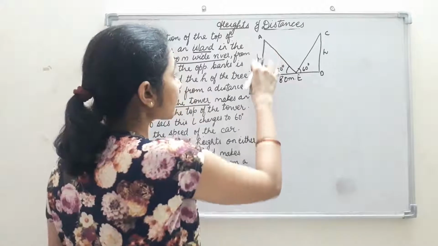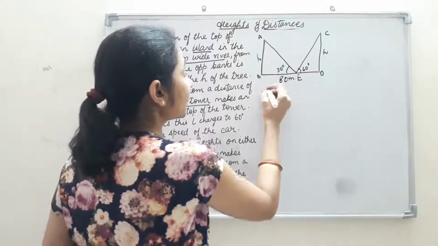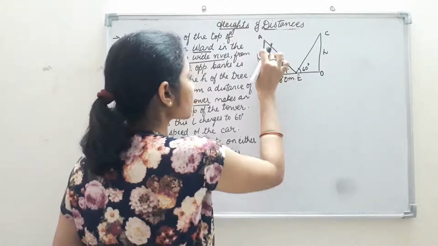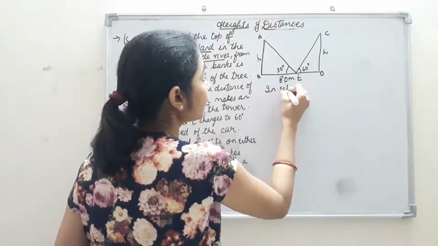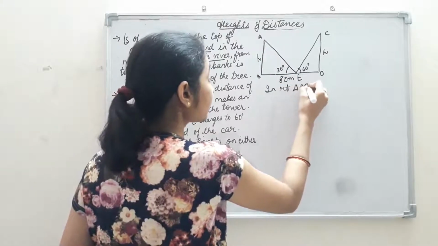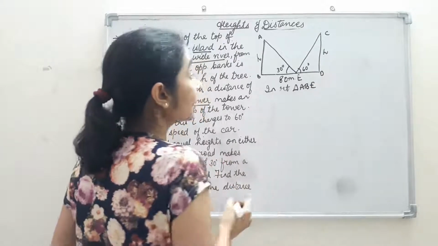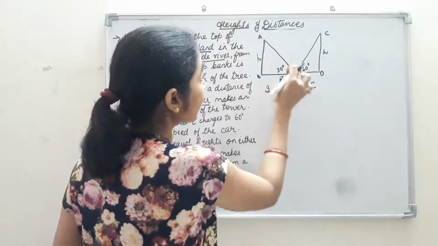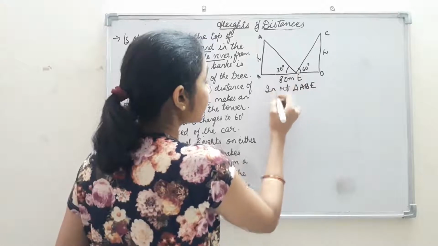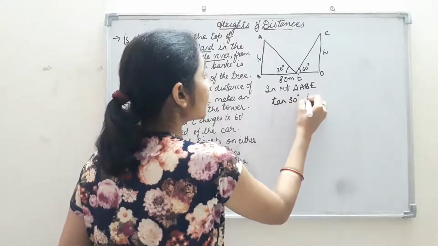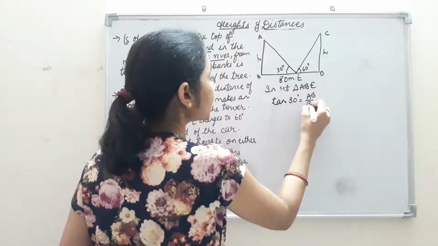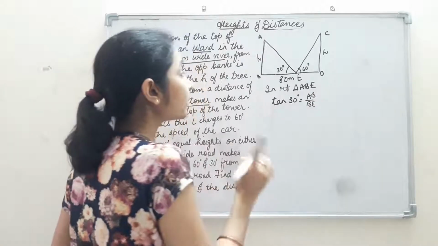Now we consider triangle ABE. In right triangle ABE, we are concerned with this height and this distance, so taking tan theta here. In right triangle ABE, what do we have? AB and BE, and angle theta is 30 degrees. Tan 30 degrees is equal to AB upon BE. We don't know any of the values.